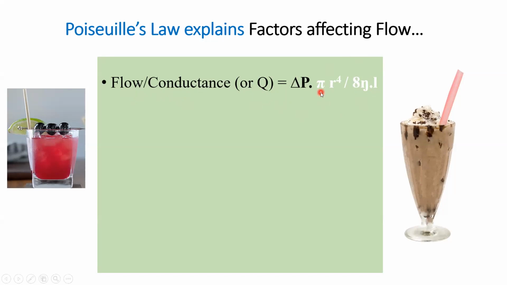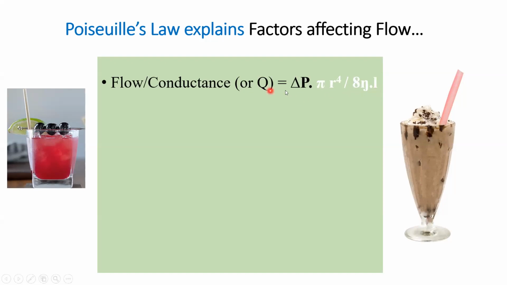Pi, the mathematical constant, and radius to the power 4 over, this is divided by 8, viscosity, which we've studied in Reynolds, multiplied by the length of the vessel.